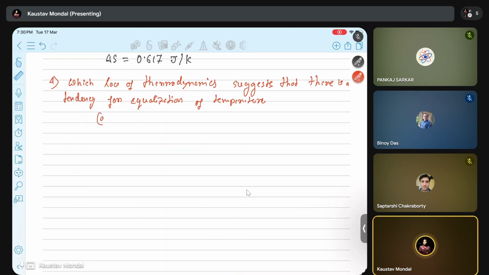The options are the zeroth law, the first law, the second law, and D is the third law.